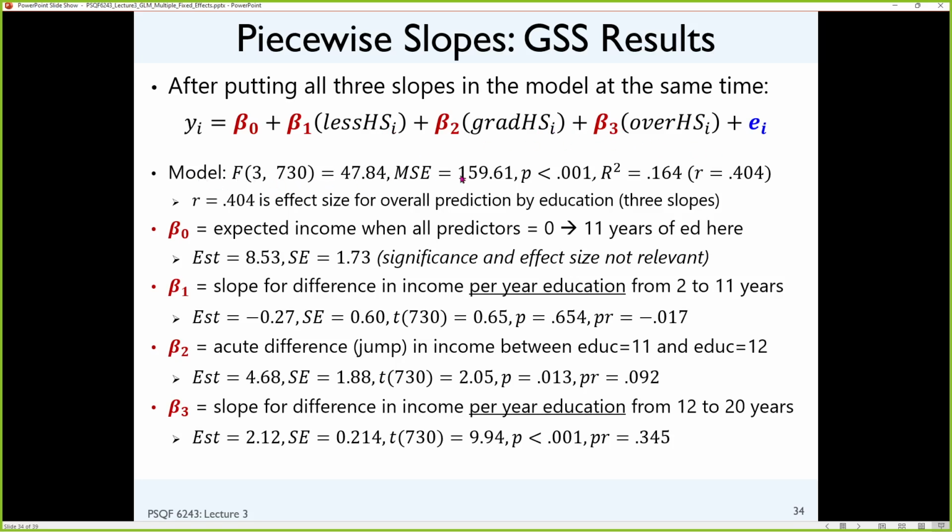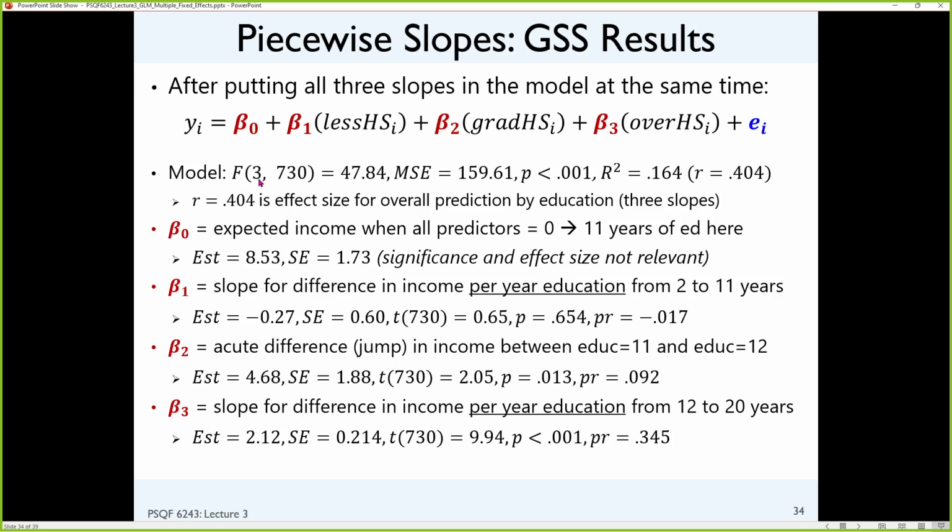So here's my summary of what happened. F is my new test statistic. F is used anytime that you are testing more than one slope at the same time. Inside the parentheses, what are these numbers right here? Degrees of freedom.